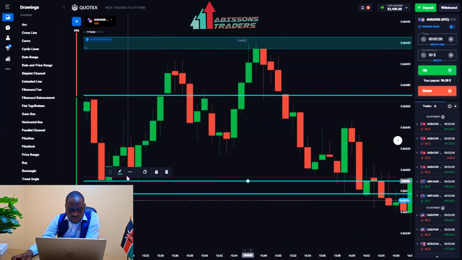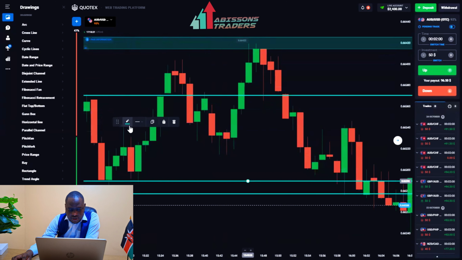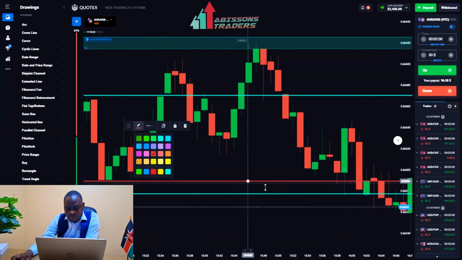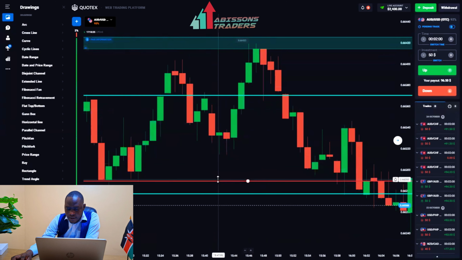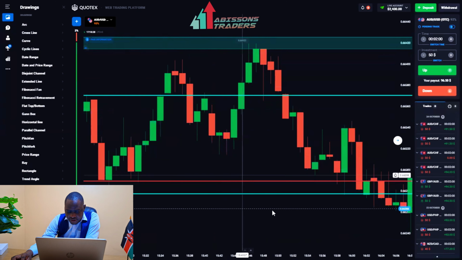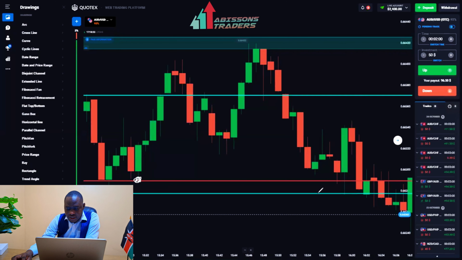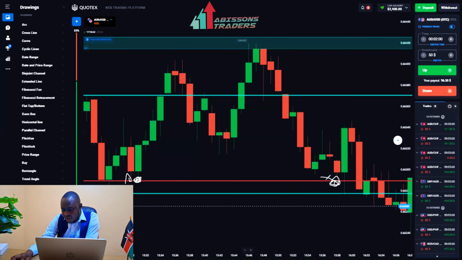Let me start with the red line. I've changed the color, the red line. I placed this red line here because of this wick here and this one. This wick and this one, and also we have this one, which is near the other one.